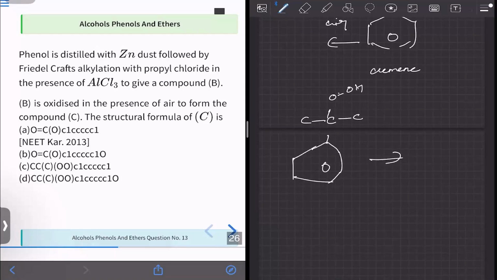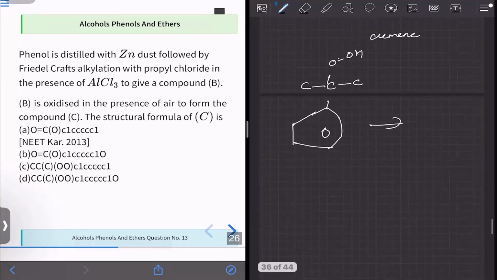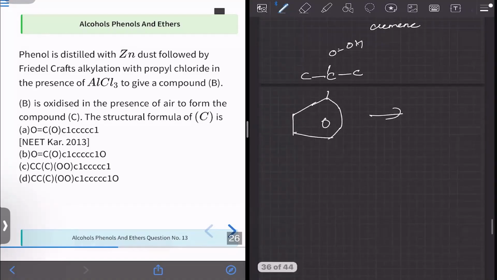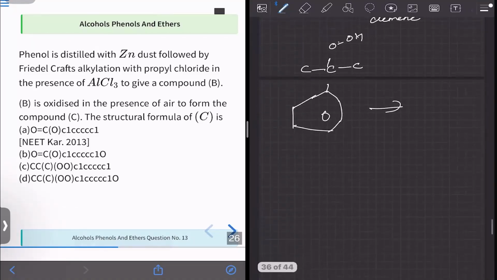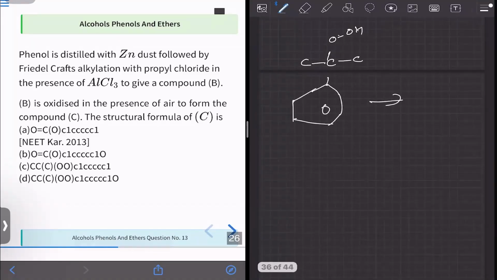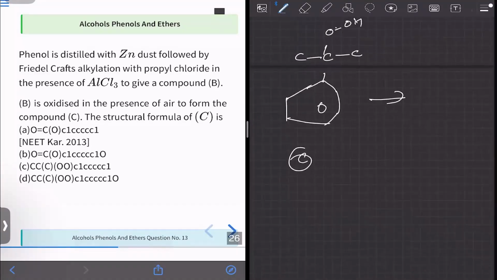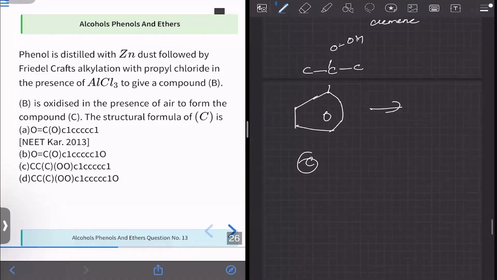After reaction with cumene, they're asking what is the option C. It includes CCO. It is isopropyl, presence of a hydroxide group at second carbon in propane. So it will be option C. Benzene with presence of 3 carbons and presence of OOH. It will be option C.